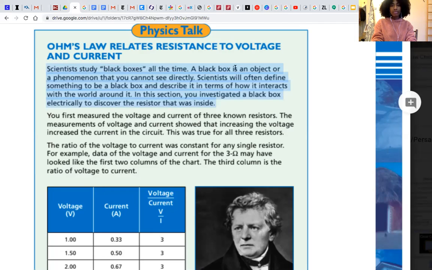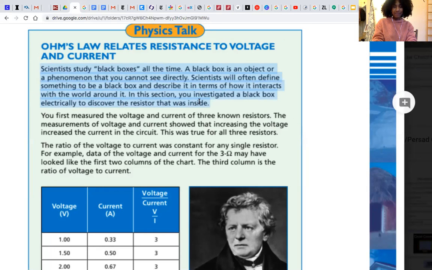A black box is an object or phenomenon that you cannot see directly. Scientists will often define something to be a black box and describe it in terms of how it interacts with the world around it. In this section, you investigated a black box electrically to discover the resistor that was inside.